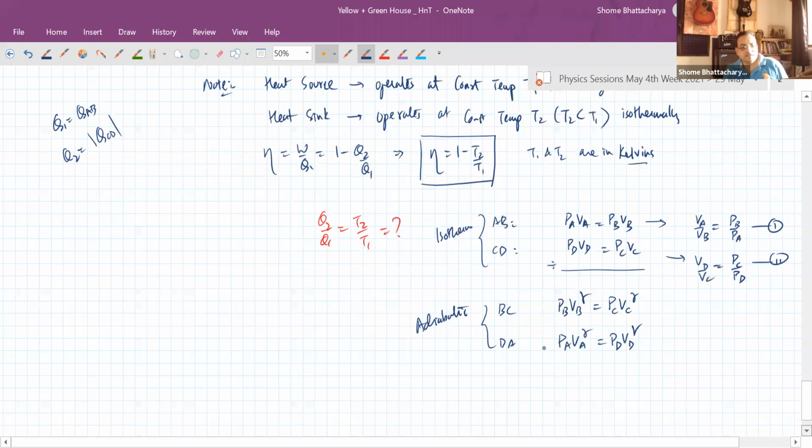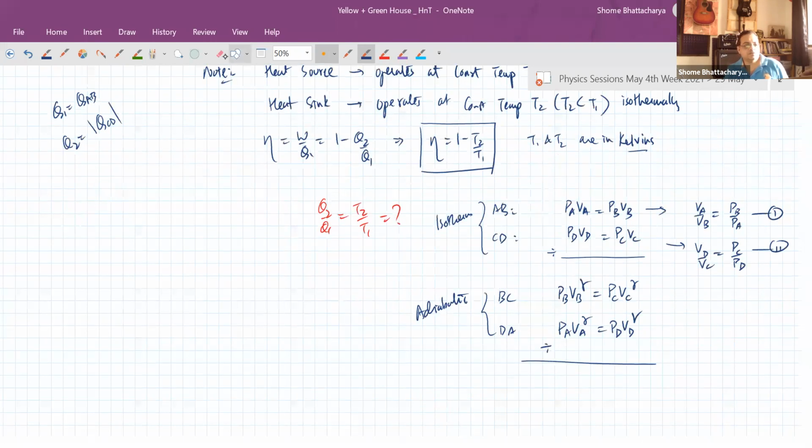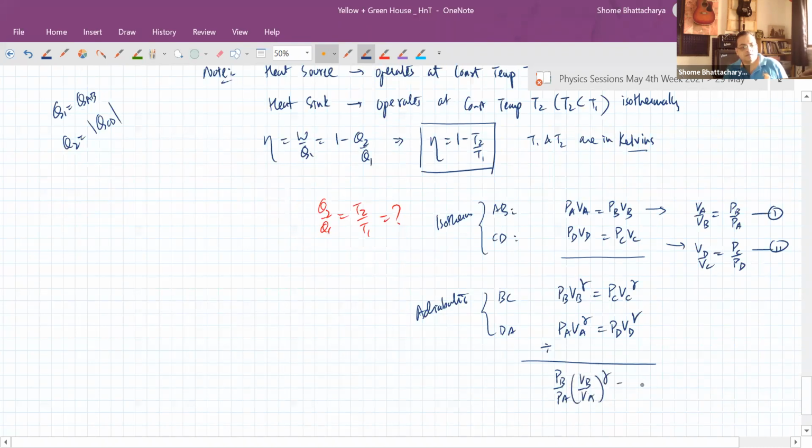The first two we are not dividing; we are writing them directly like this. If we divide these two adiabatic equations, we see that PB by PA into VB by VA to the power gamma is equal to PC by PD into VC by VD to the power gamma. Okay, so this is our third equation.